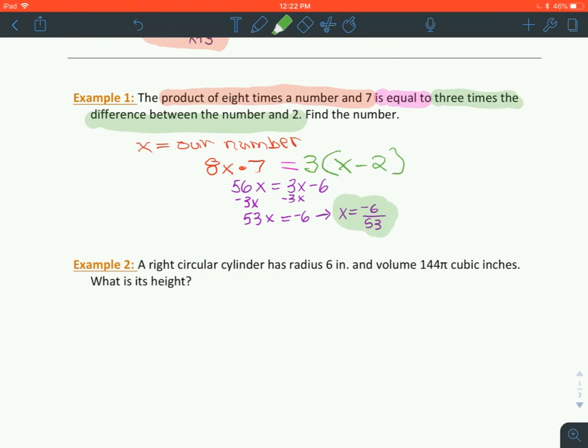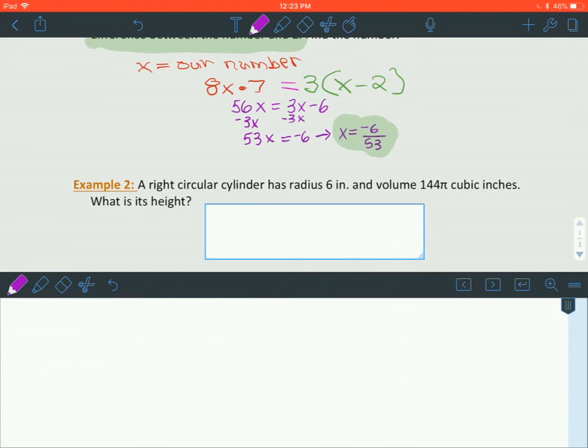Let's do some geometry. A right circular cylinder has a radius of 6 inches and a volume of 144 pi cubic inches. What is its height? Okay, back to your days of geometry. Volume. If you don't remember, you can always look it up online. I think there was a page in your book somewhere that had them, but I'm not sure I scanned all of the page with the formulas on it.